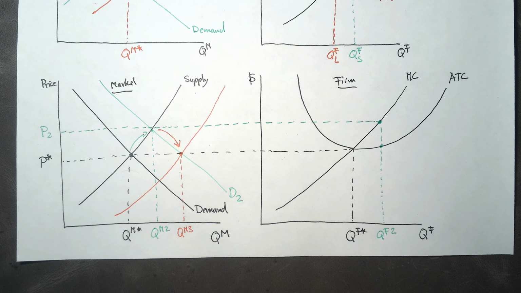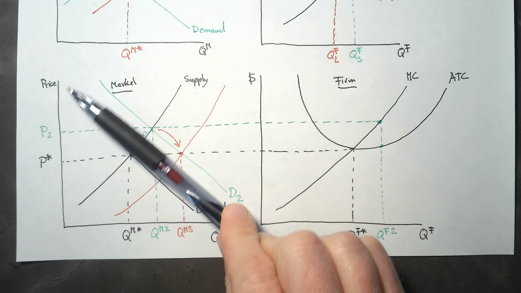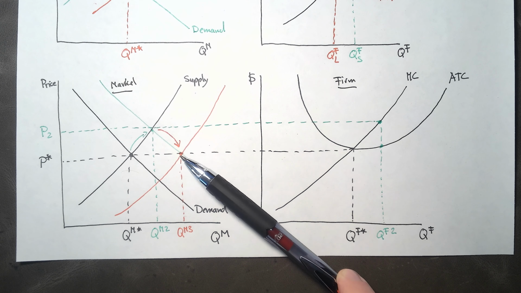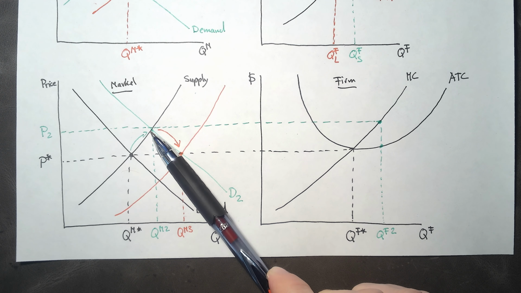Okay, so in this case, you can think about the demand function increasing. That leads in the short run to a higher price.